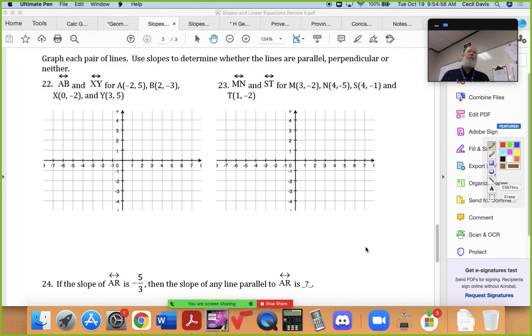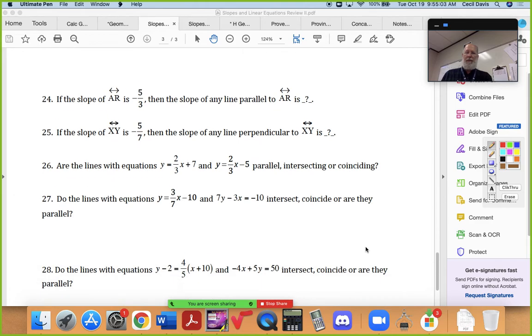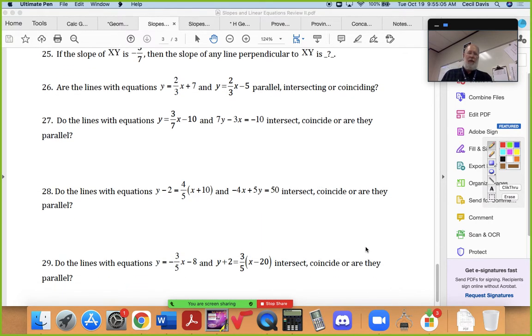Okay. 27, okay. So we want to rewrite this equation. We already know that the slope is 3/7 and the y-intercept is -10. So we want to see, well, what's the slope and the y-intercept on this one so that we can compare the two.